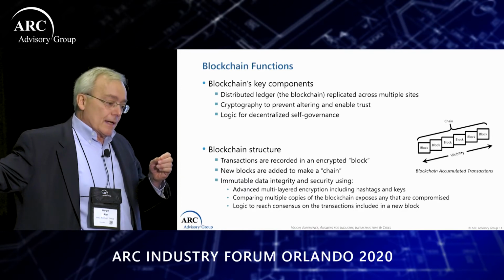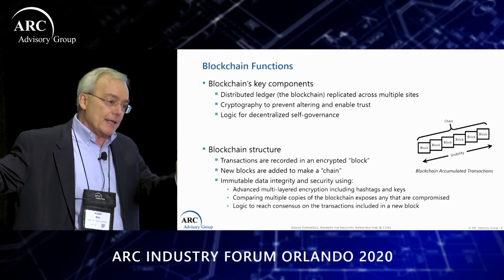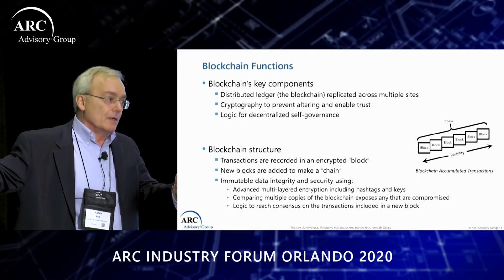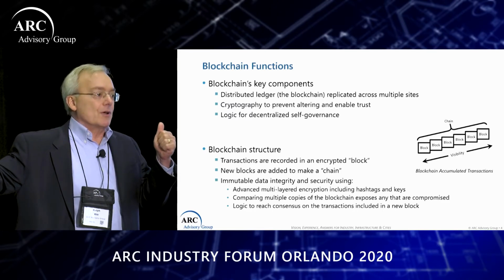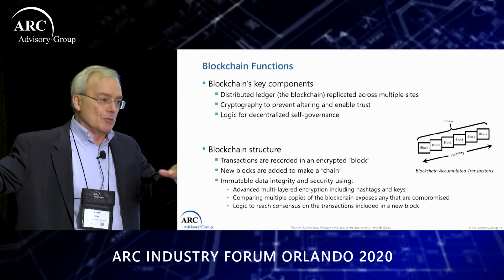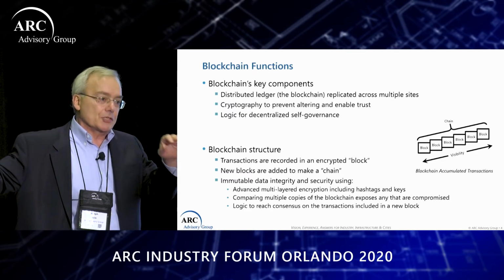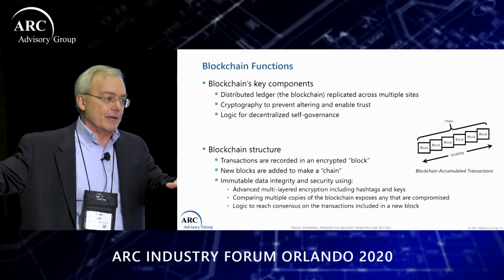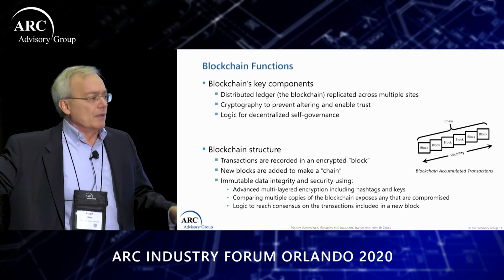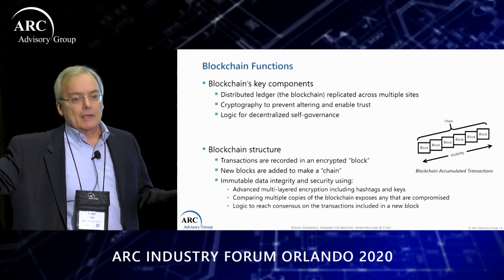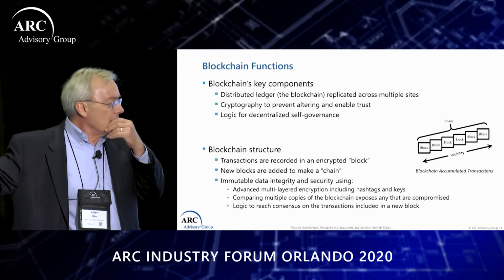As a result of everybody having a copy, if somebody tries to edit one version, there's governance to identify that and purge it. So it is immutable in the sense that once the data is in the blockchain, it cannot be modified. And there are multiple layers of encryption. There are multiple sets of business rules to do the governance.